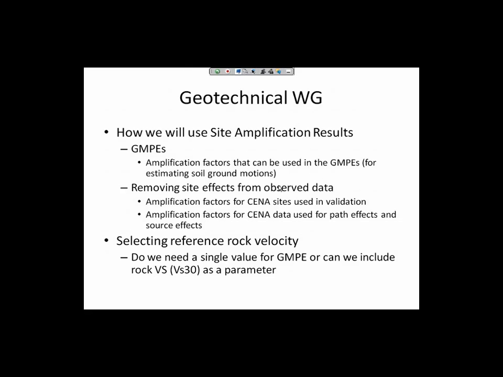So part of the charge that was laid to your group yesterday was: you've got a bunch of coordinates of stations, tell us what the site amplification factors are. I don't think we're there yet, but we have to find a way to provide information for those two steps in the modeling part: the validation, and the evaluation of the empirical data.